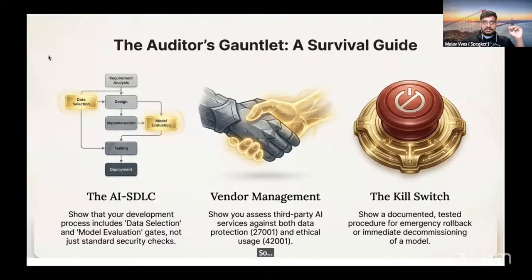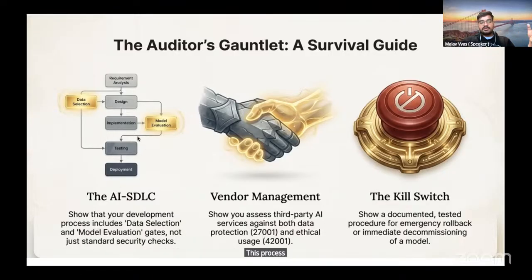As an auditor, what are some critical things you should keep in mind, right? You should make sure that the AI software development lifecycle, where the AI model goes through a rigorous process of design, implementation, testing, and finally deployment, is in place.